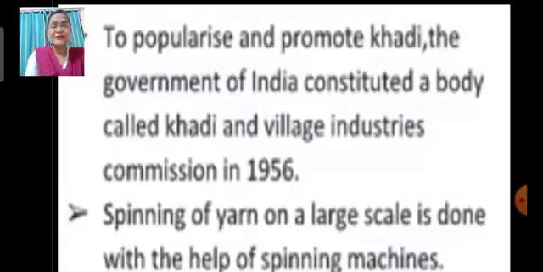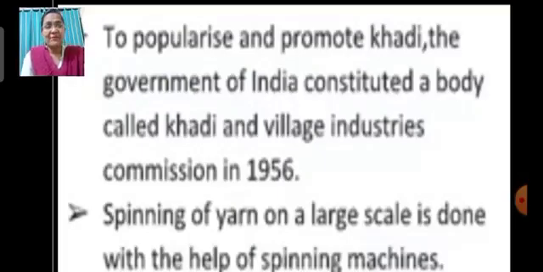To popularize and promote khadi, the government of India constituted a body called the Khadi and Village Industry Commission in 1956. The spinning of yarn on a large scale is done with the help of a spinning machine.